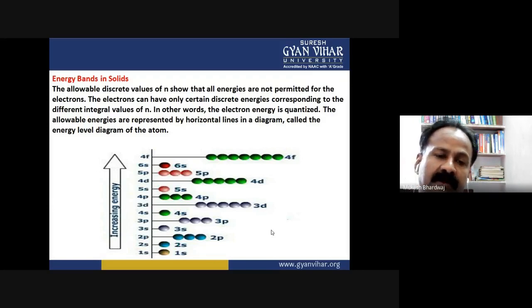The electronic configuration of each element or atom is described on the basis of the atomic number. So we have detailed knowledge about electronic configuration and atomic number, and the energy bands in solids are categorized on the basis of these configurations.